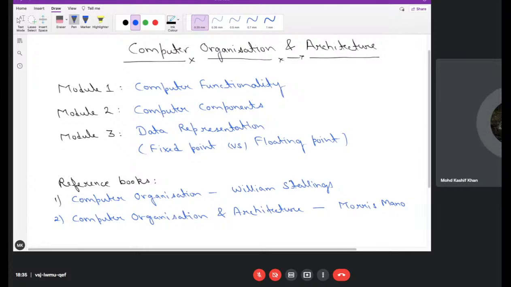In this module we will understand the basic keywords that we require later on in the complete subject. Okay, so this first module is for your concept building, so that you can easily understand this subject. So first write these reference books and these three module links that I have written on the board, and then we will start the first module, computer functionality.